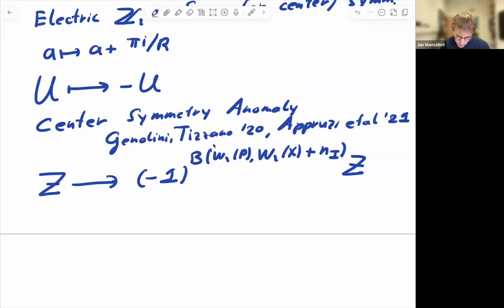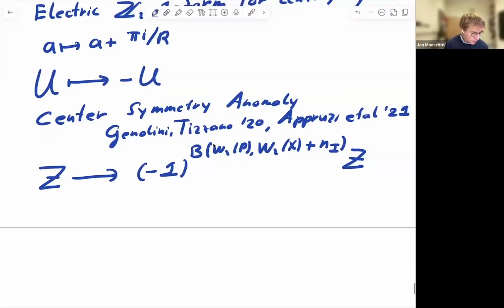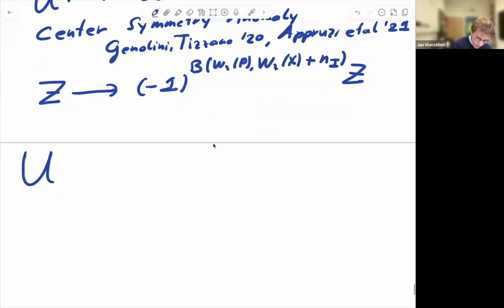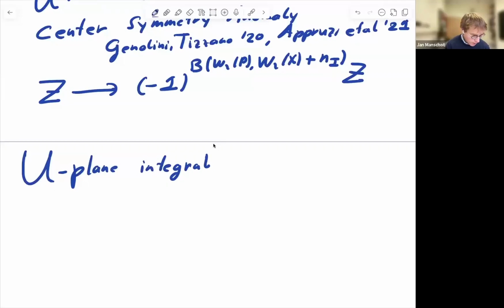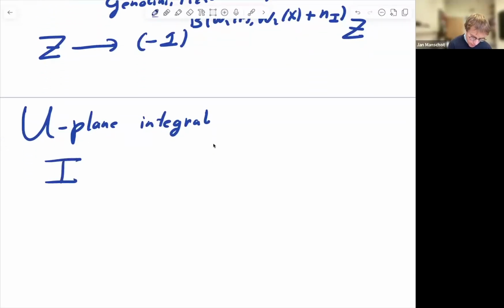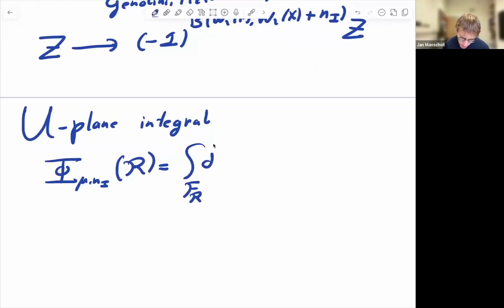With the low energy effective approach, we can confirm this anomaly. We set up the U-plane integral over the capital U plane, which depends on this flux N_i, and then on curly R, we get an integral over this domain, which I denoted by Fr, these two copies of the fundamental domain, d tau, d tau bar.